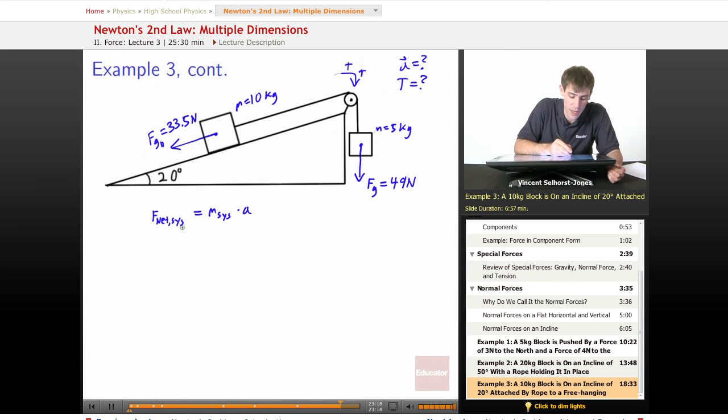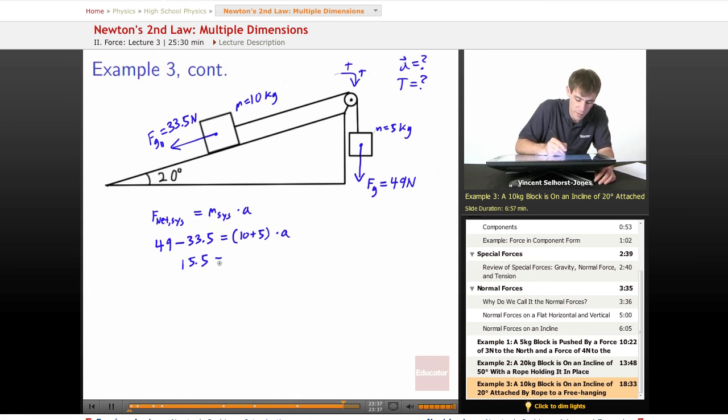F net system, we've got 49 minus 33.5 newtons, is equal to, both of them summed together, 10 plus 5 times a. We start doing some simple math. We get 15.5 is equal to 15 times acceleration. We divide and we get 1.03 is equal to the acceleration.